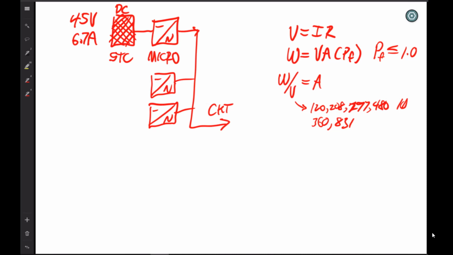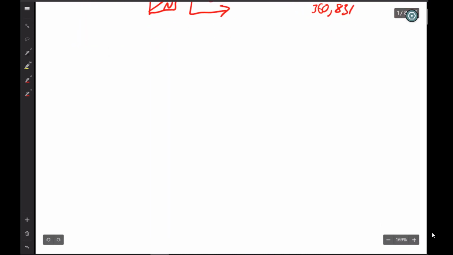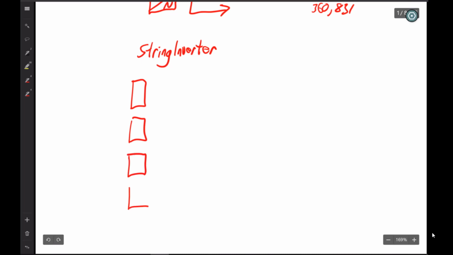The next style of system is called a string inverter. And what we do there is we take the same modules and we put them together in a DC circuit referred to as a string.